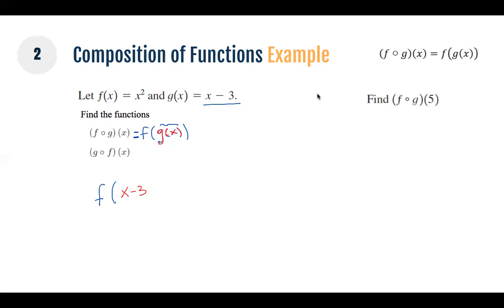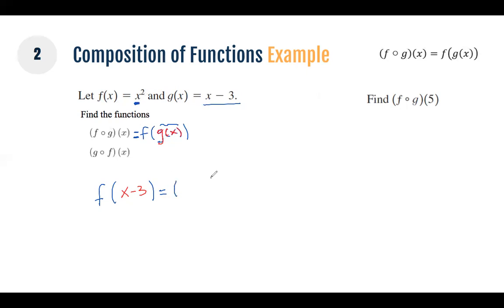That means that we're going to evaluate f with the expression x minus 3. Anytime you find an x on f, you're going to change it for x minus 3, and we have one x over here. So we're going to turn that x into x minus 3.